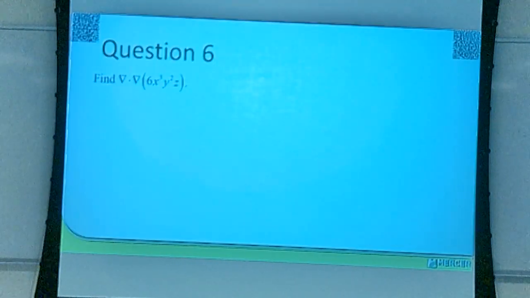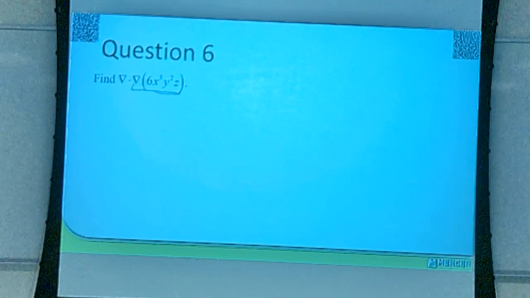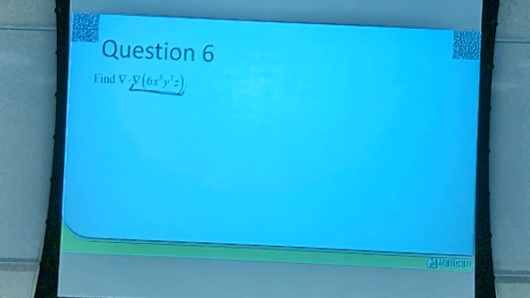So find this now. First off, before we even start, is this defined? Well, it is, right? Isn't this the gradient field, which is a vector field? So you're finding the divergence of a vector field, which you're allowed to do.